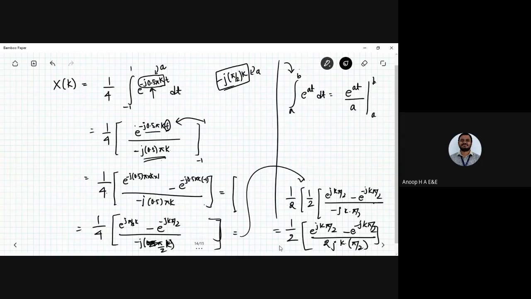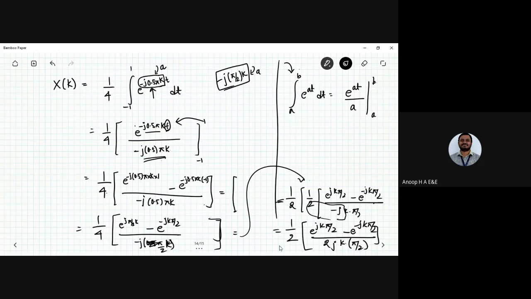Moving on to the next steps, you have the equation for the exponential representation of a trigonometric function. Keeping that in mind, I can write it as the exponential function as 1 divided by 2 into 1 divided by 2. Taking a part of it, 1 by 4 and 1 by 4, I can write it as 1 by 2 into 1 by 2.